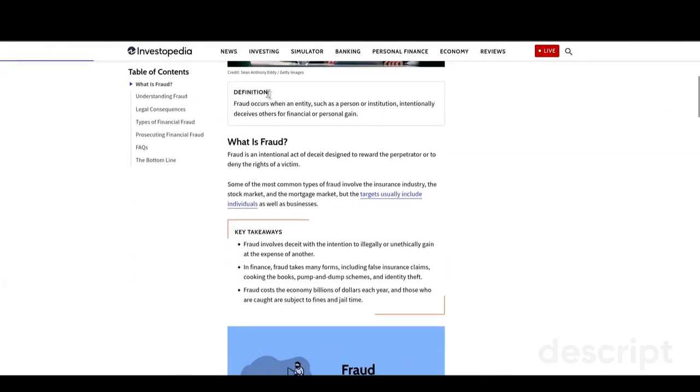Here is a definition of fraud. It occurs when an entity such as a person or institution intentionally deceives others for financial or personal gain. Fraud is an intentional act of deceit, so there's always deception there. It's not fraud if there's no deception. Designed to reward the perpetrator or to deny the rights of a victim.